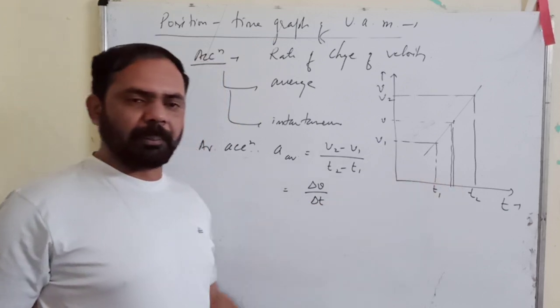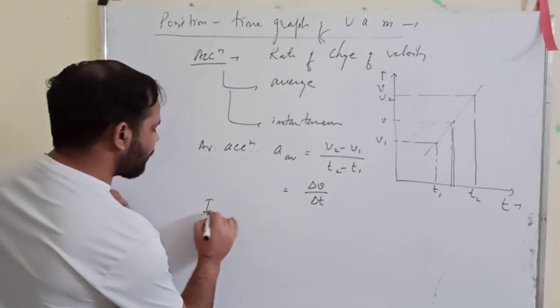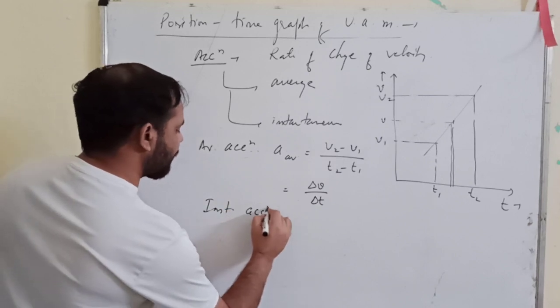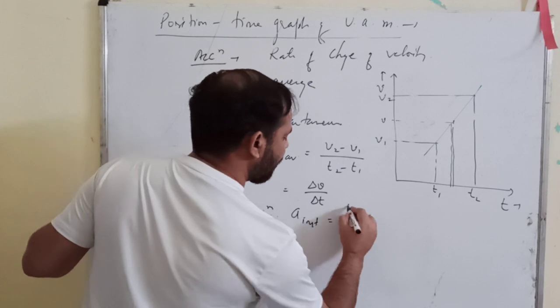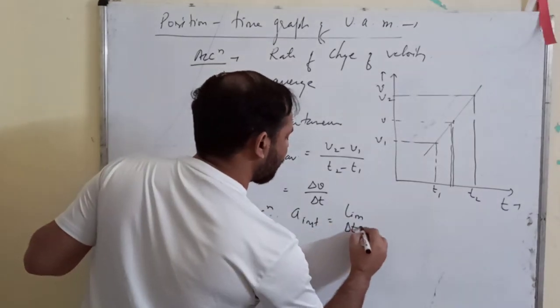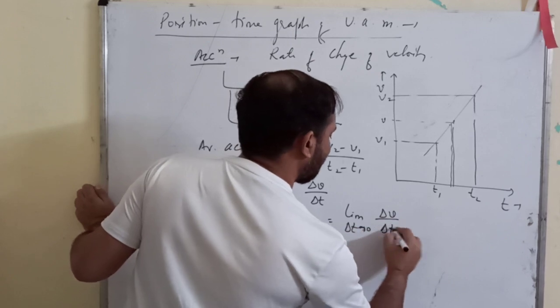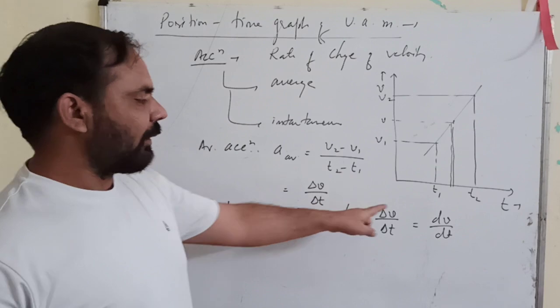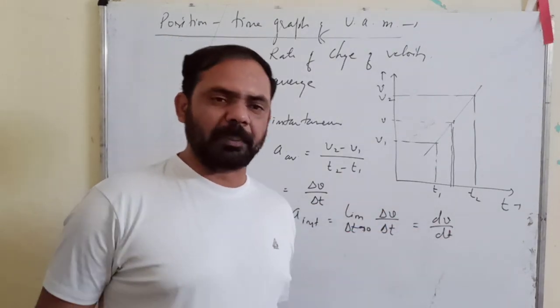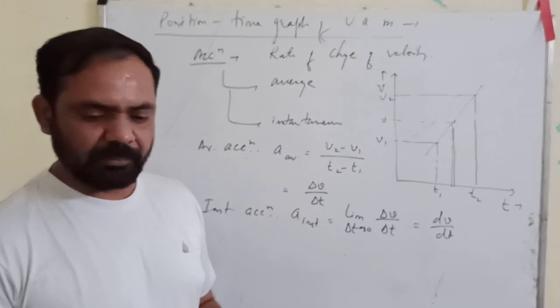In that case it becomes instantaneous acceleration. So instantaneous acceleration equals the limit delta t tends to 0 of delta v upon delta t, which is nothing but dv upon dt. The derivative of velocity with respect to time gives you the instantaneous acceleration.